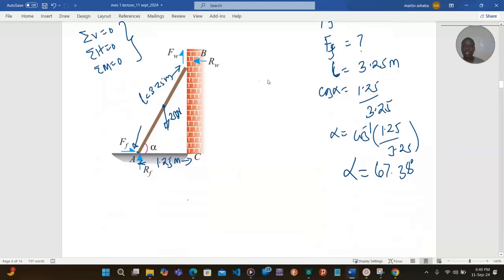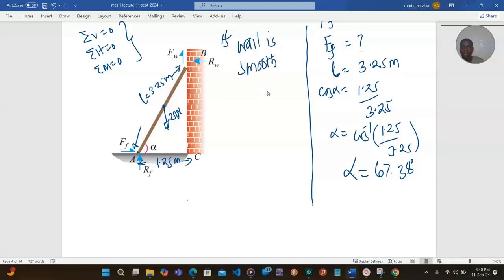If this wall is smooth, then mu W, the coefficient of friction between the wall and the ladder, is equal to 0. Therefore Fw is also equal to 0.